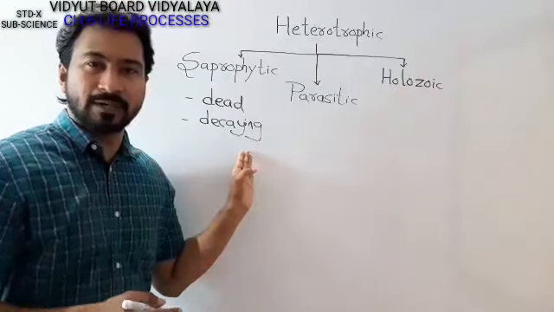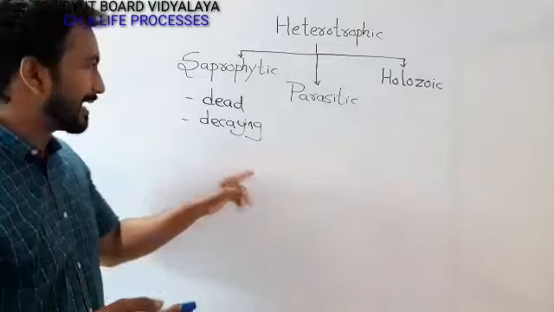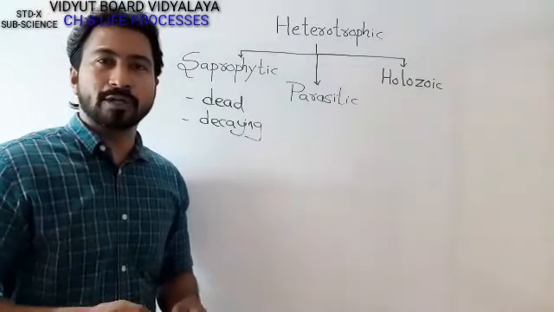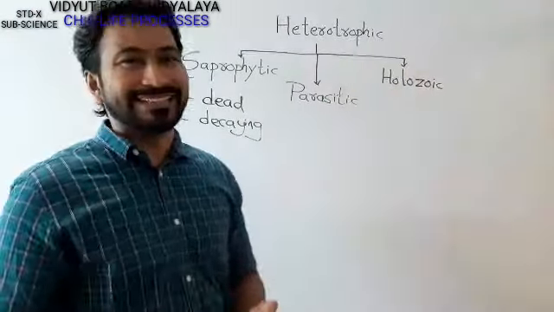In Hindi we basically pronounce as mara hua and sada hua. So those organisms who are eating the dead and the decaying organisms, that is after the death of various organisms, we might have seen a lot of bacteria attacking on them. So therefore they are said to be the saprophytic organisms. A lot of bacteria and fungi are there in this group of organisms.